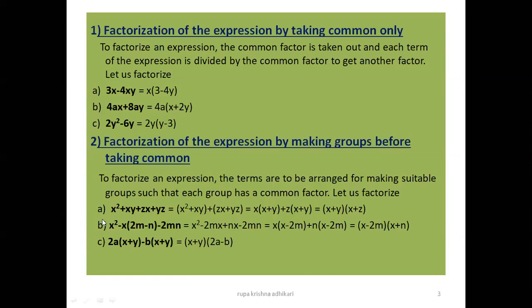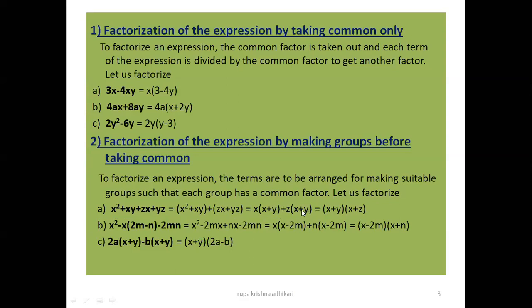So here on arranging, what I have done, x square plus xy, first 2 terms and last 2 terms are written together. Plus, now out of first 2 terms I am taking x outside. So what is left inside? x plus y. Plus, out of last 2 terms I am taking z common. So z, and what is left inside? x plus y. Now you can see here x plus y, x plus y.